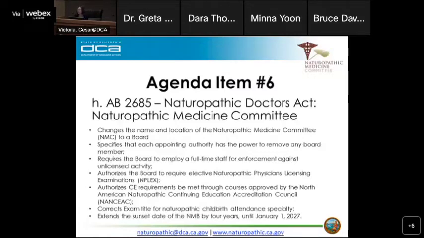Yeah, so currently what will happen is we've already presented the Appropriations Committee with our fiscal impact, just basically telling them what it's going to cost us in order to implement these changes.